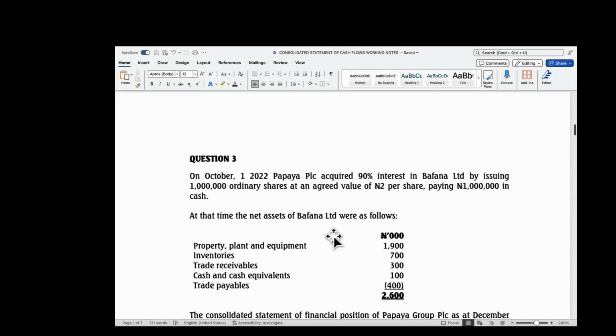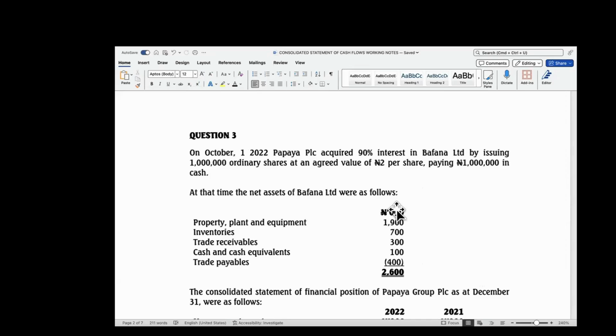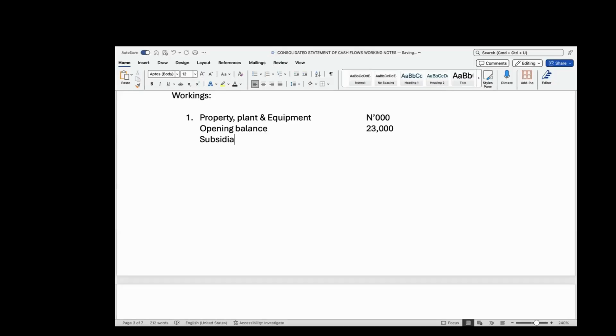When this is consolidated, as we used to consolidate subsidiaries' assets as well, I expect this 1,900 should have been added. So subsidiary's assets, which is 1,900.